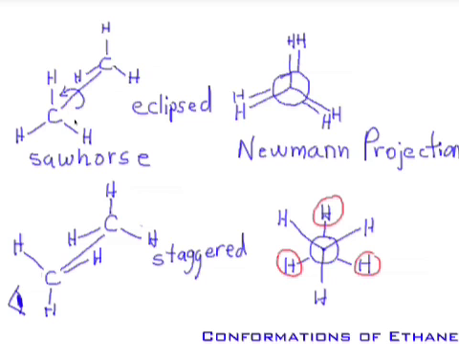Well, it turns out hydrogen atoms have electron clouds around them. They have one electron and one s orbital that's overlapping with the sp3 orbital of the carbon. It turns out between the one electron cloud in hydrogen here and the electrons here, there is a repulsive force.